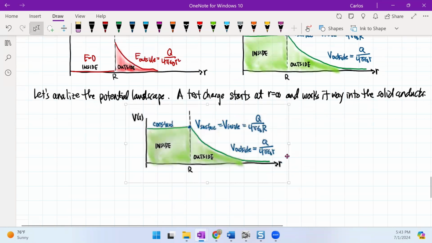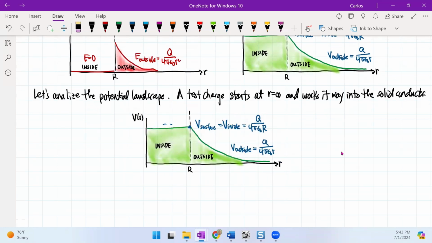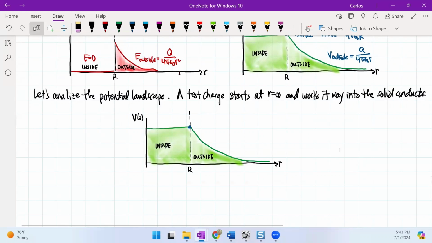So here's my curve. Now I'm going to get rid of everything. I'm going to get rid of all of these terms. And now I'm just going to intuitively try to figure it out. So now I have a test charge. So what is my test charge? I'm going to draw it and then I'm going to copy it. This is my test charge. So when I look at this test charge, what am I going to do with it?